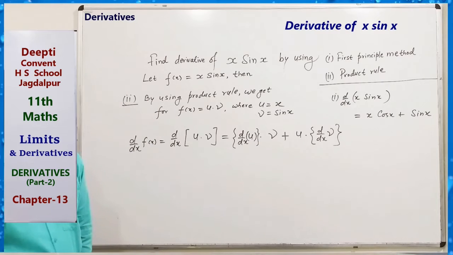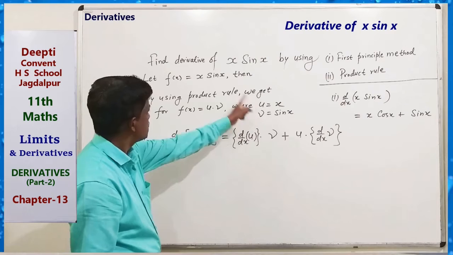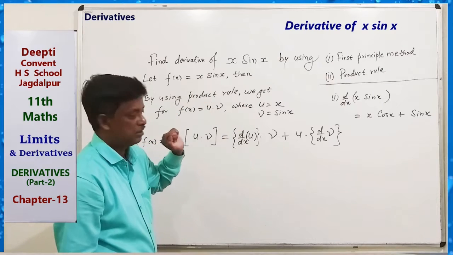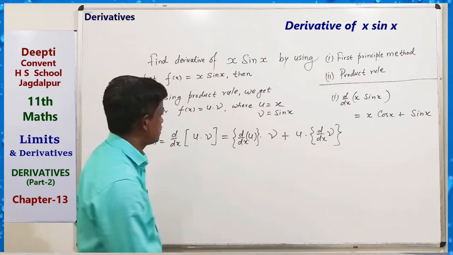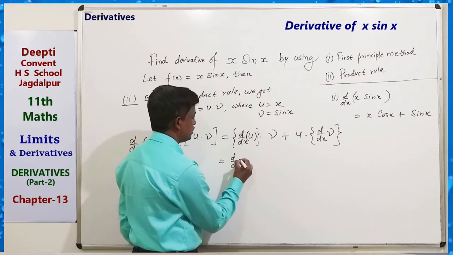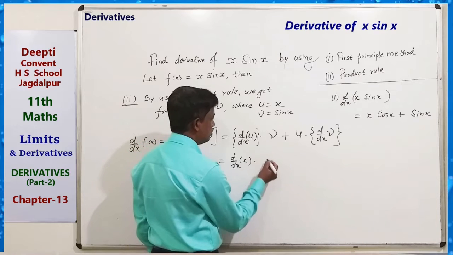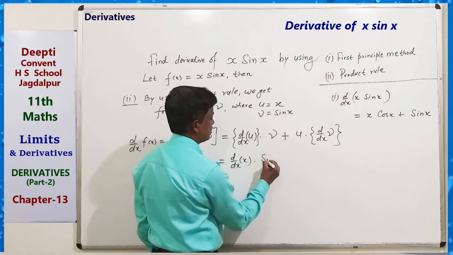This is our product rule. So this is u, this is v. So in place of u, x. Here you can write d/dx of x into v, v is sin x.